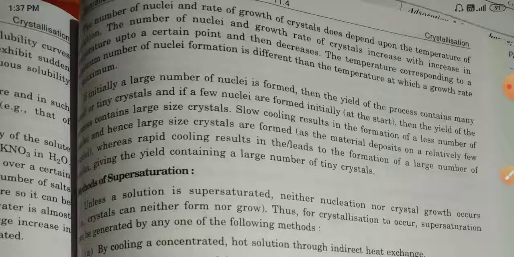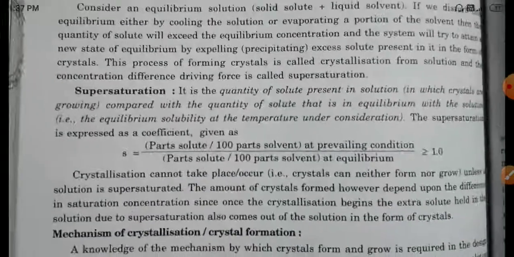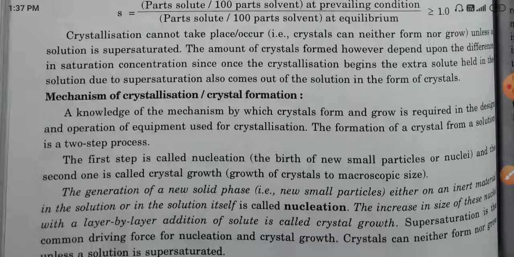The number of nuclei for growth of crystals increases with temperature up to a certain point, then decreases. Large size crystals are formed when the material is deposited on a relatively small number of nuclei, rather than a large number of tiny crystals. Okay, this is the part for mechanism of crystallization and crystal formation.